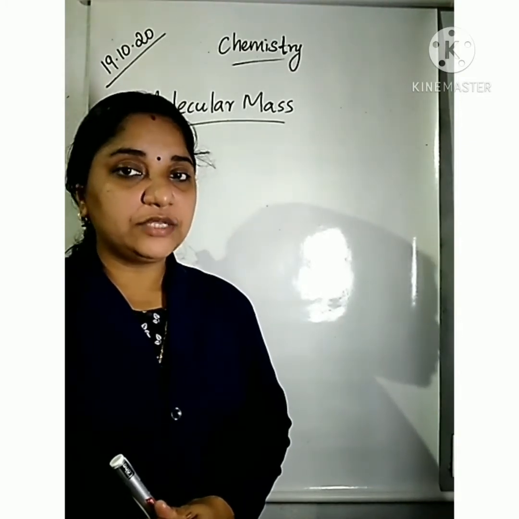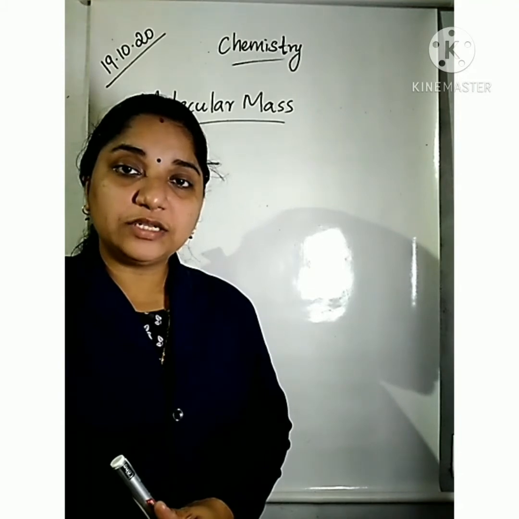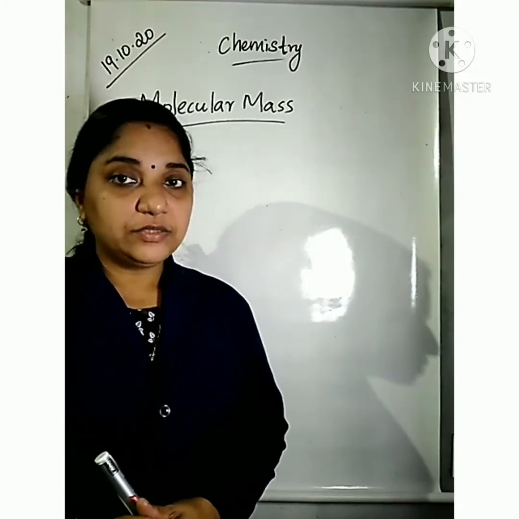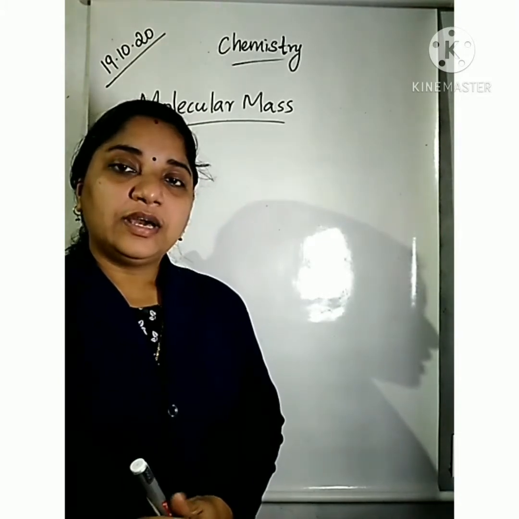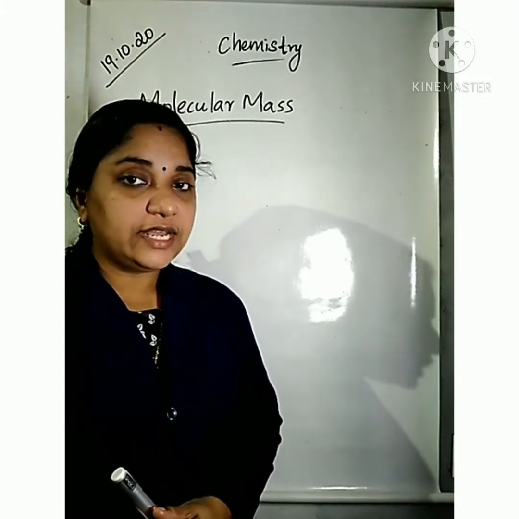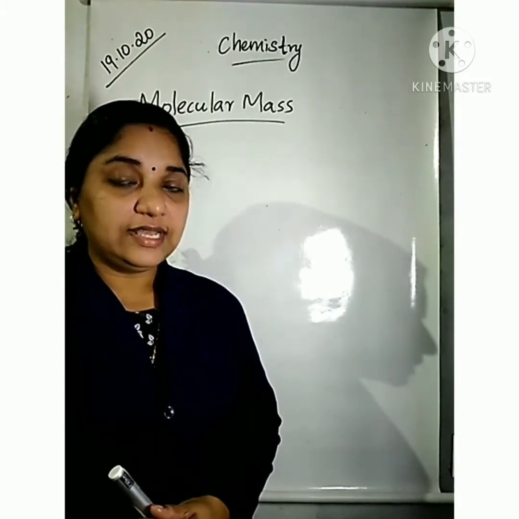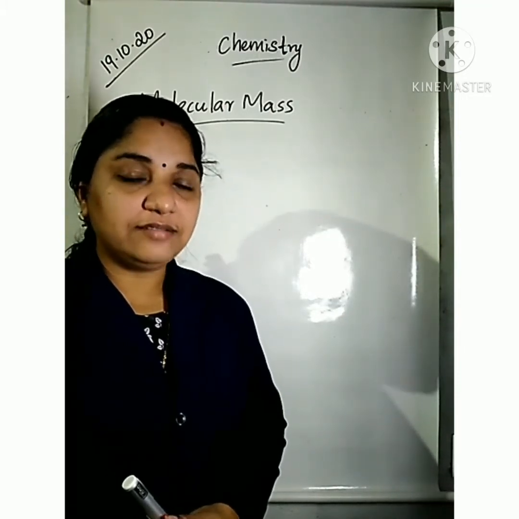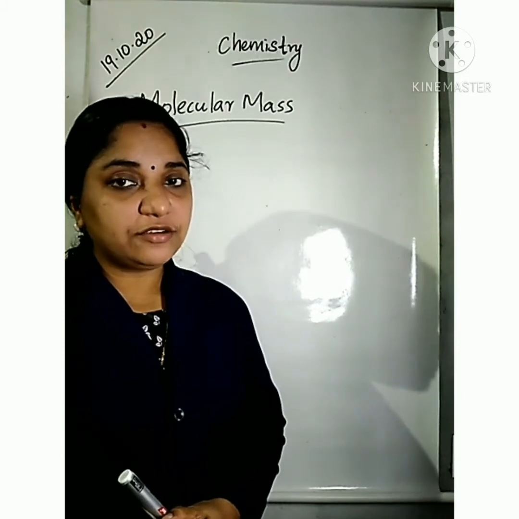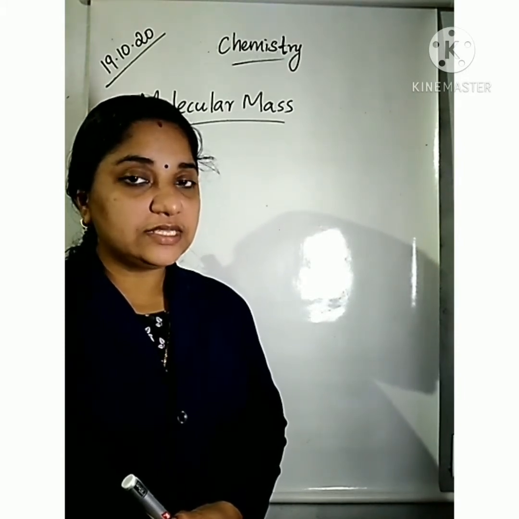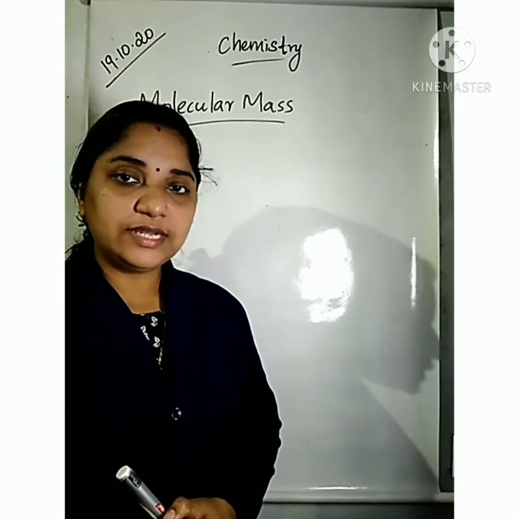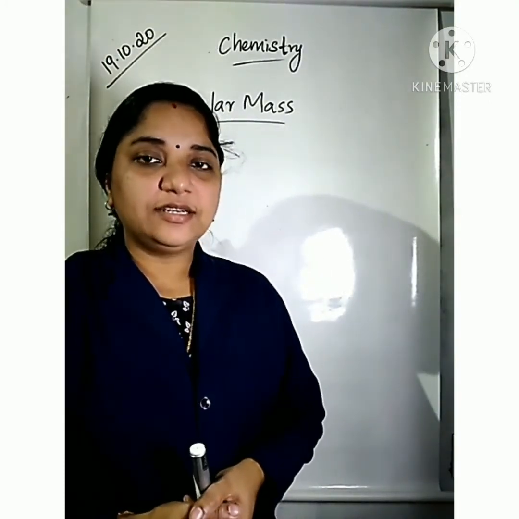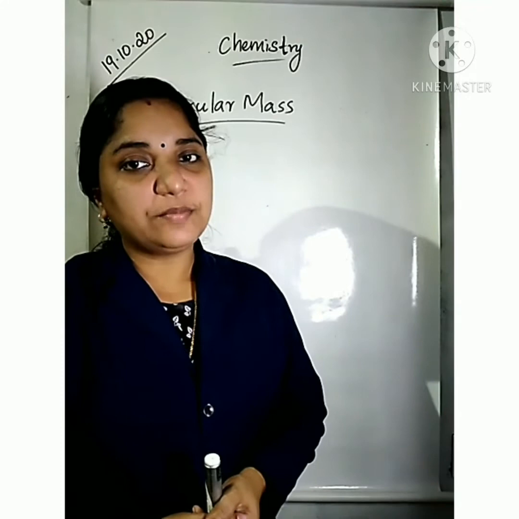The atomic mass of hydrogen atom is 1. The atomic mass of carbon atom is 12. The atomic mass of nitrogen atom is 14. That we already learned. These concepts can be extended to calculate the molecular masses.